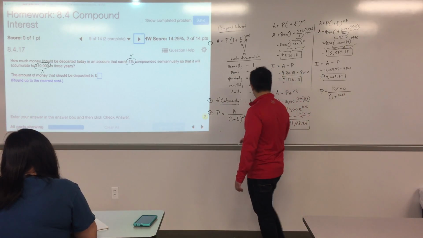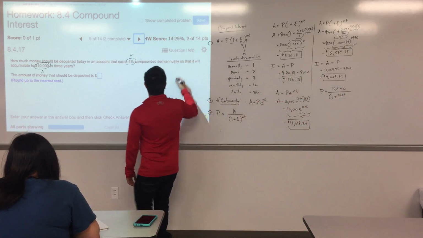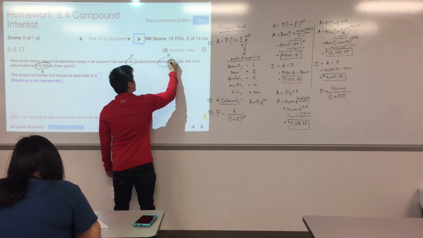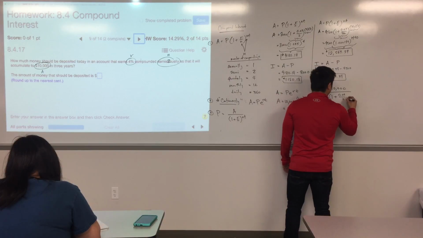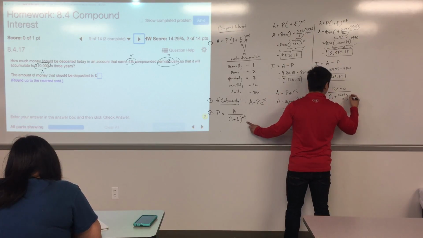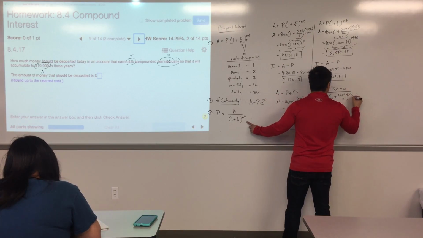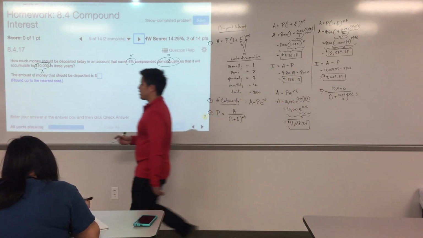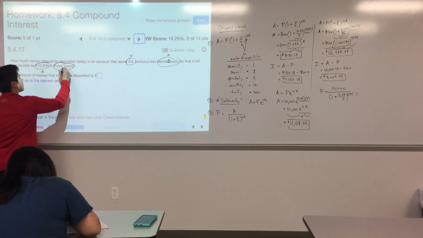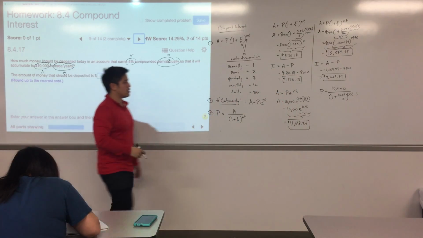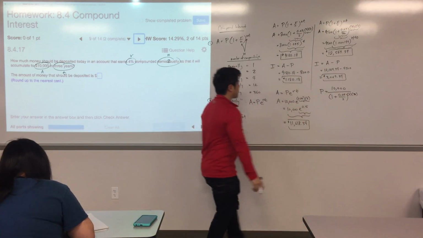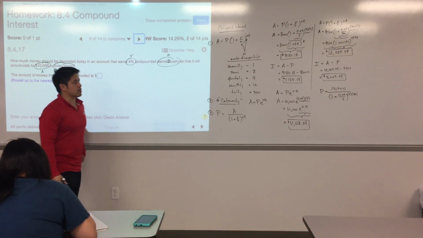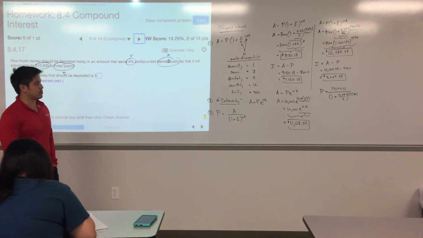Divided by your N. What's N? 2, since it's semi-annually. That goes in not just 1, but 2 places. And what is your t? 3 years, so it's to the 2 times 3 power. There's the setup for our problem.